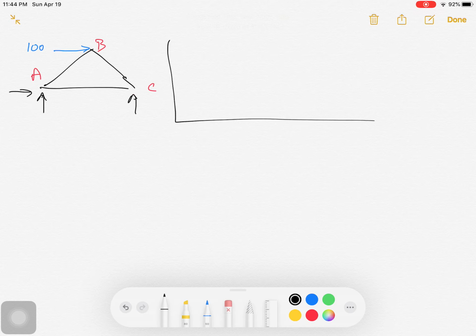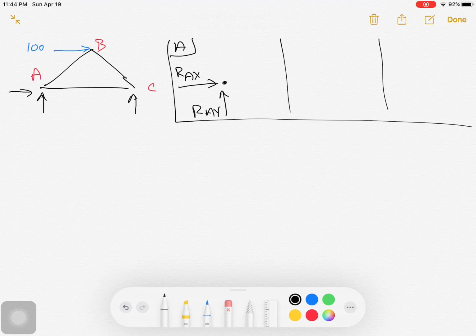So when I go to draw these, A, reaction force A in the X direction, reaction force A in the Y direction, force AB.